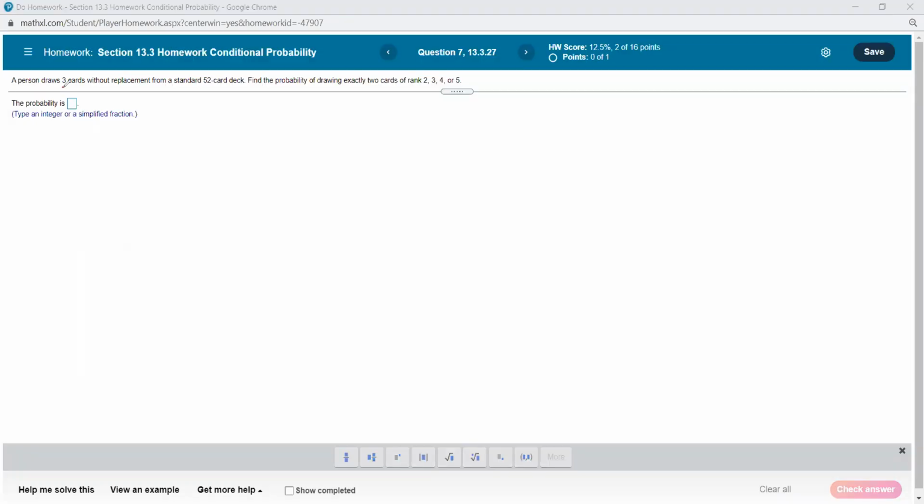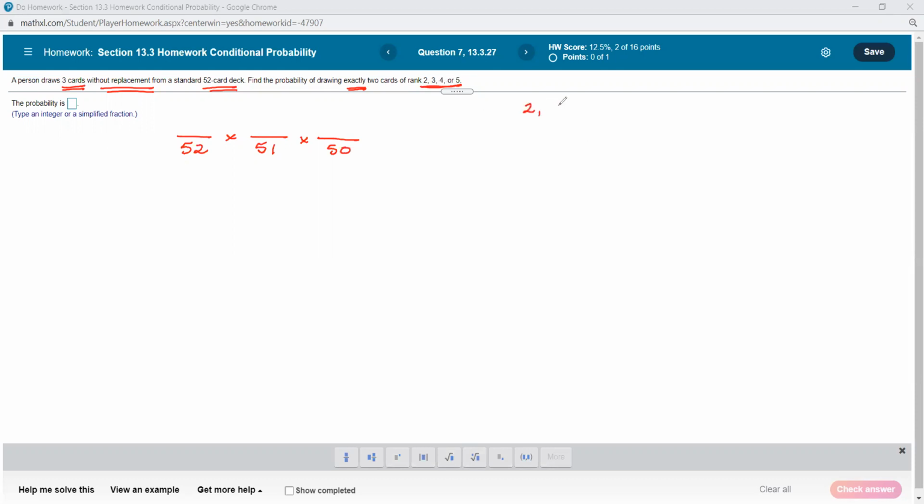Good job. Okay, we're going to draw 3 cards without replacement from a 52 card deck. That means the first time there's 52. Without replacement means the second time there's only going to be 51 cards. And on the third draw, there's only going to be 50 cards. Now, we're looking at drawing exactly 2 cards from the set of cards that are 2s, 3s, 4s, and 5s.